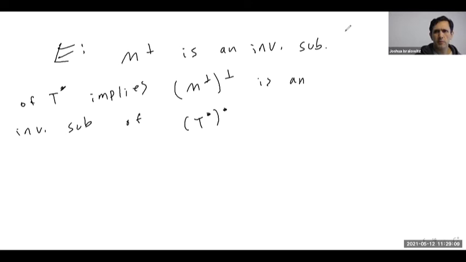Obviously that's going to be T, and what is M perp perp? Because M is closed, this is M.